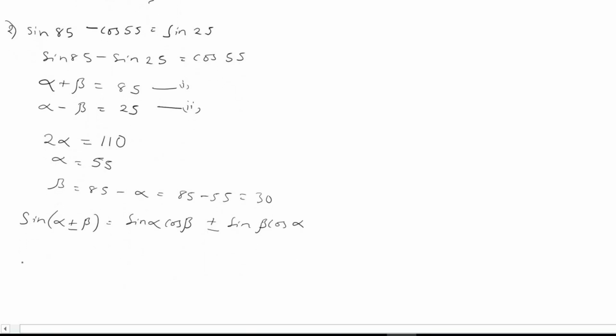Now our equation will be sine 55 plus 30 minus sine 55 minus 30 is equal to cos 55.